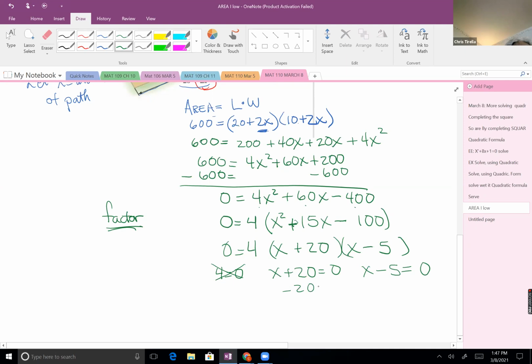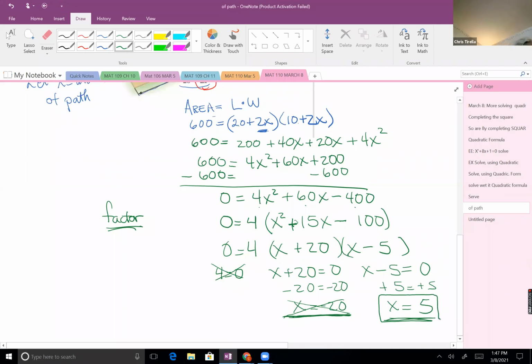This first one, if I subtract 20 from both sides, I get x equals negative 20. The second one, if I add 5 to both sides, I get x equals 5. And I don't know of any contractors who make a side of a negative length. Since x is a distance, we're going to say that it should be 5.